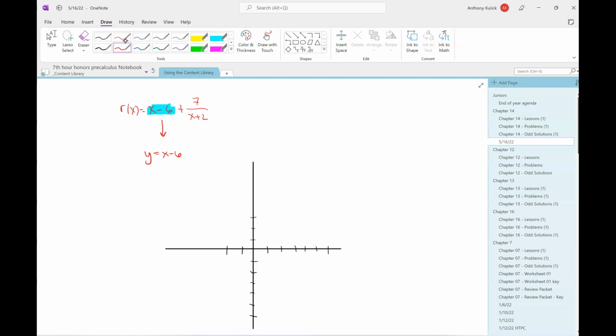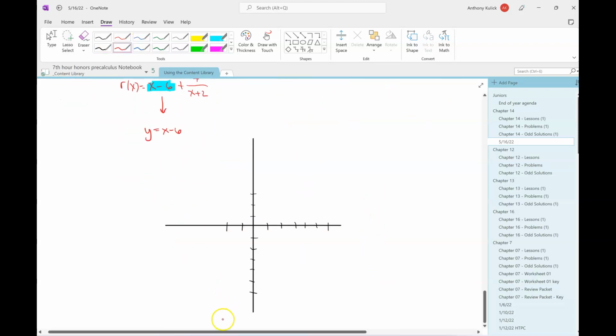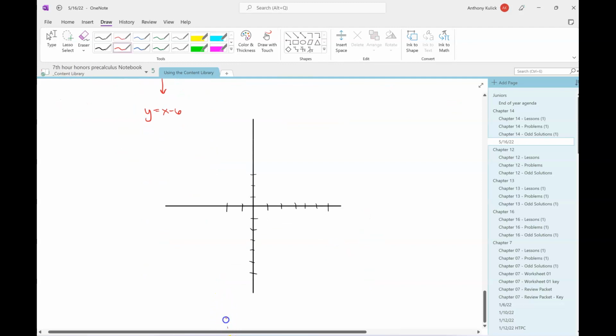All right, so I start graphing things. I have a vertical asymptote at -2. I have an oblique asymptote here at y = x - 6.